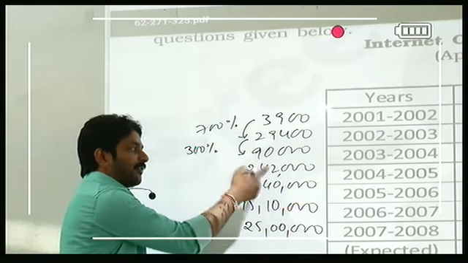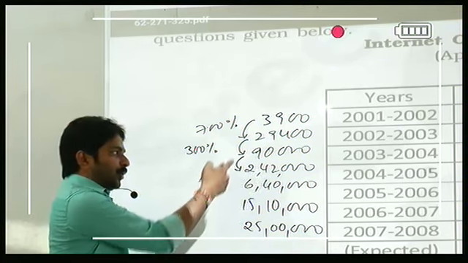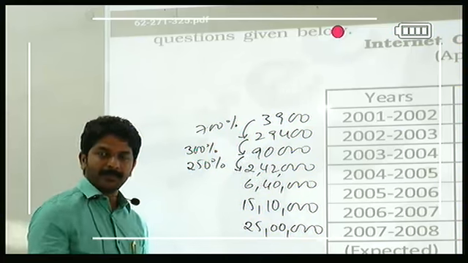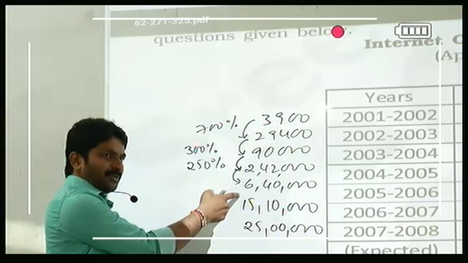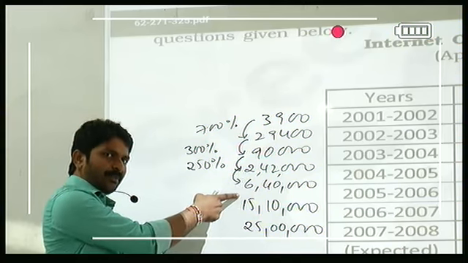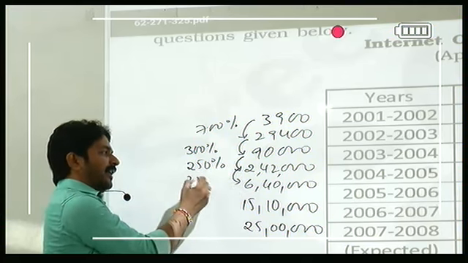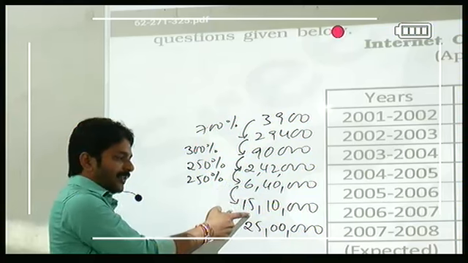90,000 becomes 2,42,000. 2.5 times, in the sense 250%. Is this 3 times? No. 2 times? More than 2 times, less than 3 times. 2.5 times, again 250%. More than 2 times.